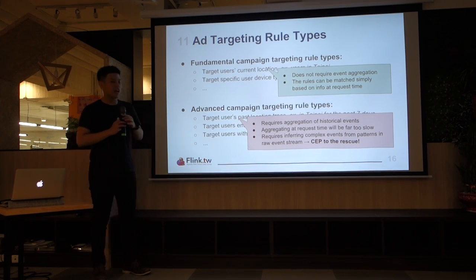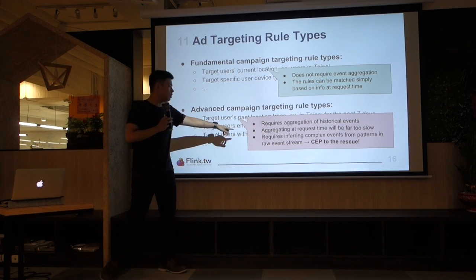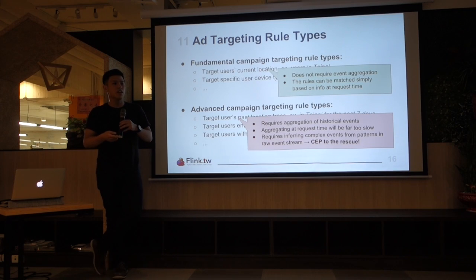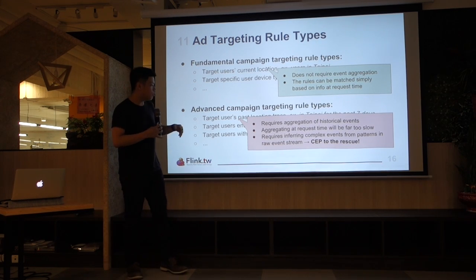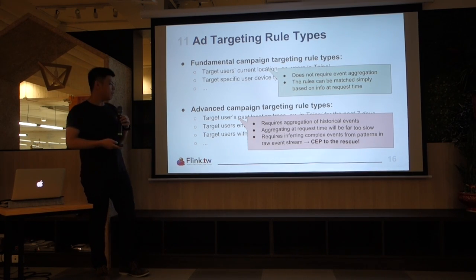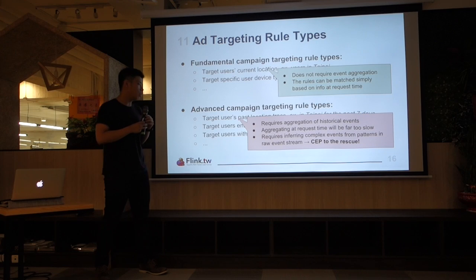This we have to look at the historical events, but we cannot rely on batch aggregation for this because normally the request we have to return in, it's like a standard 200 milliseconds. Requires inferring complex events from patterns in raw event stream.